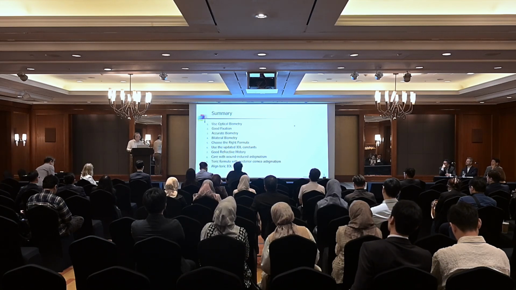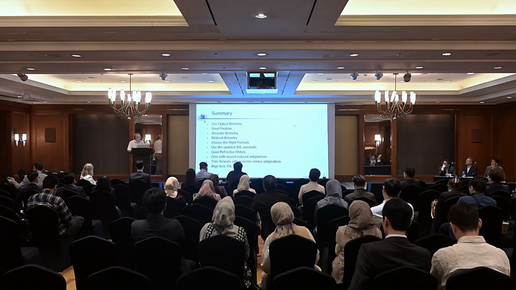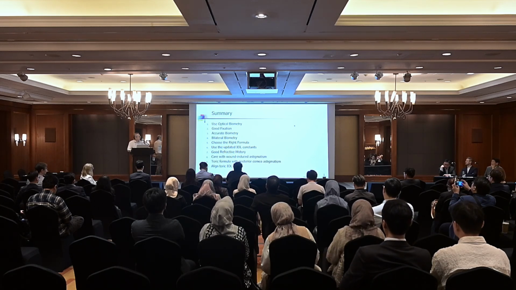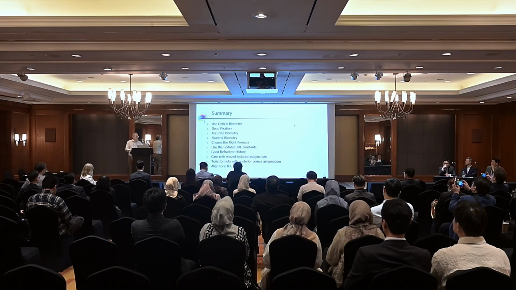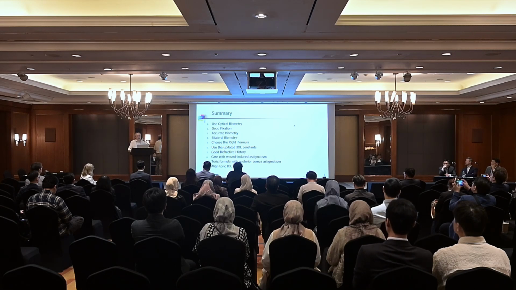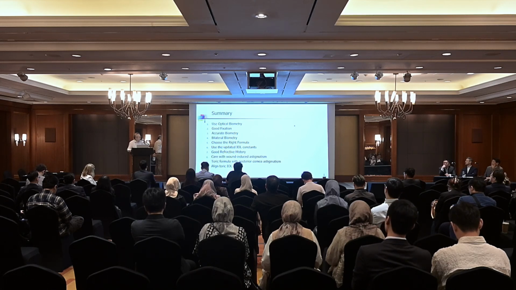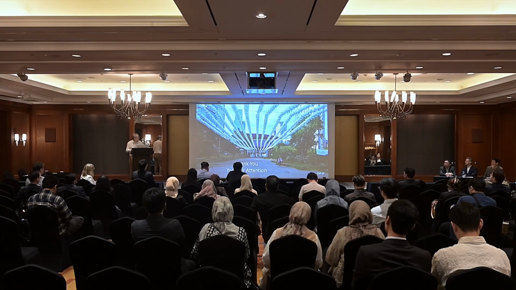For toric cases with wound-induced astigmatism, use a toric formula that takes posterior corneal astigmatism into account, and of course you must always align your toric IOL, which can rotate. That's a problem. If you have a particular problem with a particular toric IOL that seems to rotate in your hand, you might want to change to one that's more stable in your hand. Thank you very much.